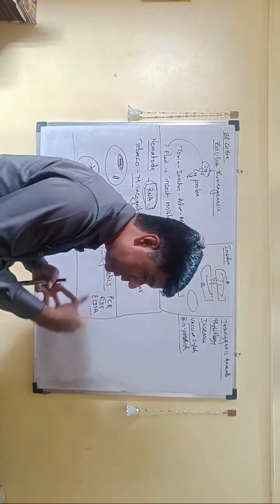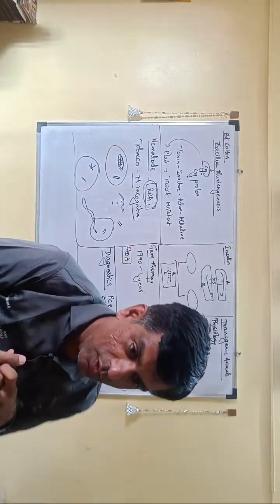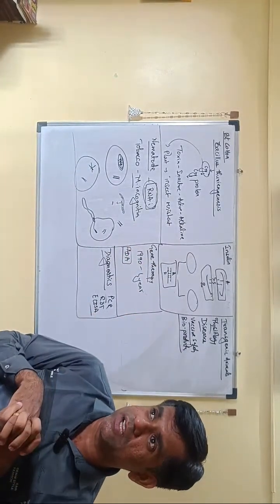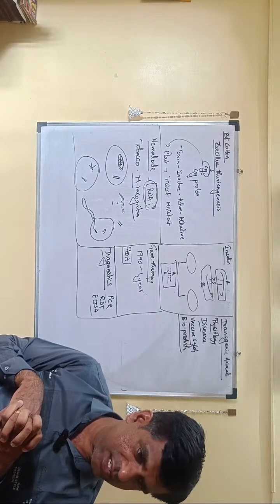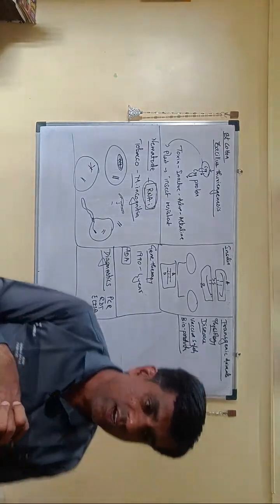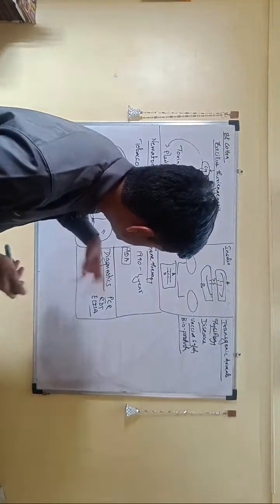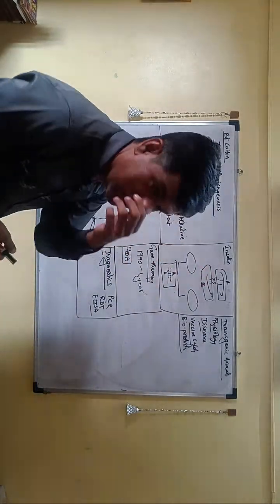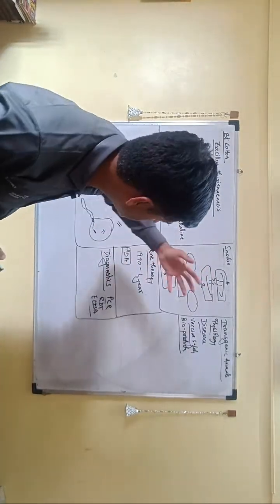Then they have produced various compounds like alpha-1 antitrypsin, which is used for treatment of cystic fibrosis, right? So different biological products you can produce, right? So that can be done.